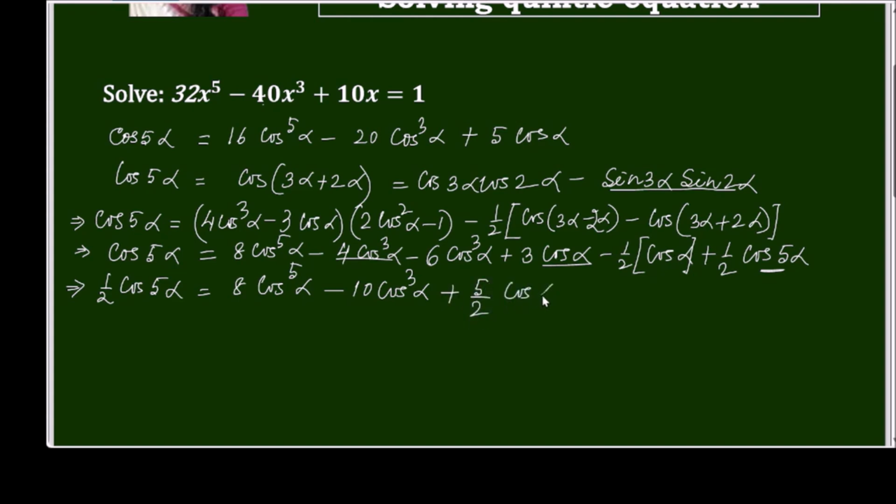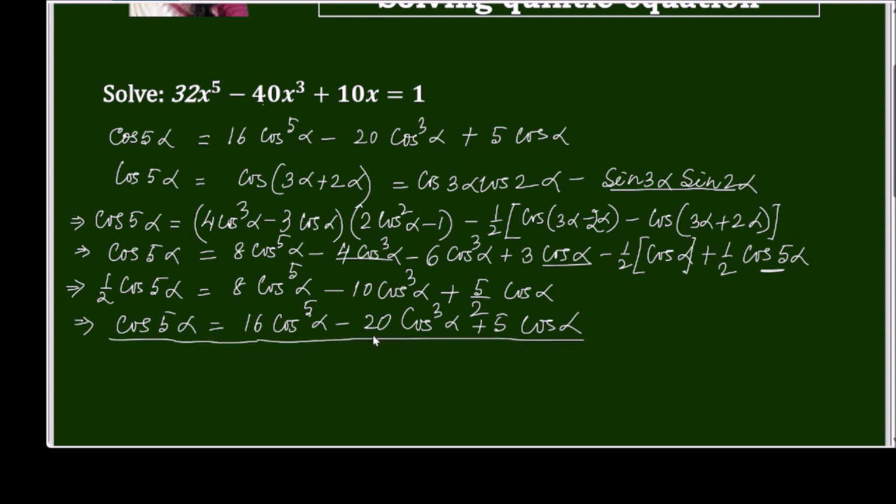Now multiplying throughout by 2, I'll get cos 5 alpha equals 16 cos power 5 alpha minus 20 cos cube alpha plus 5 cos alpha. So you learned a new formula which you can stock in your memory and reuse according to your convenience or requirement.